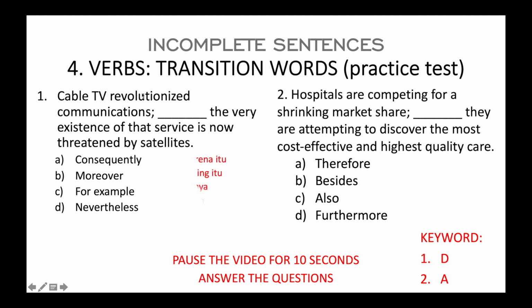So here I will just give you the translated versions. So cable TV revolutionized communications. Ya, TV kabel sudah merevolusi komunikasi, bla bla bla. The very existence of that service, jadi eksistensi dari TV kabel sendiri is now threatened by satellites.